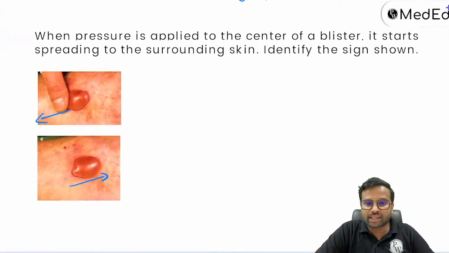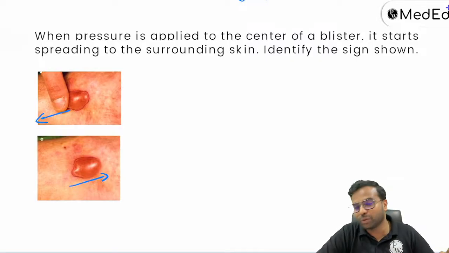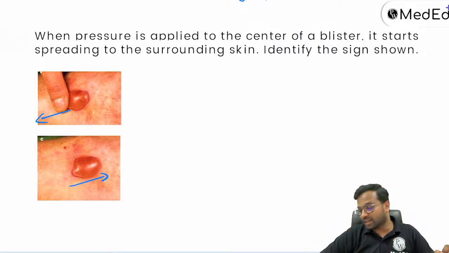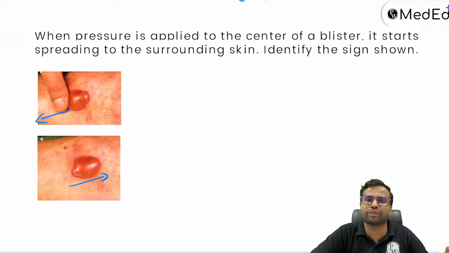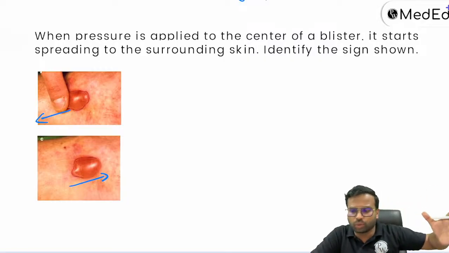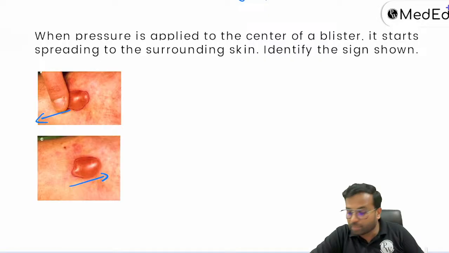Now, what is this? Make a guess, what is the sign that we are talking about? I would prefer to get an answer either as audio or as a message here in the chat box. Just try to answer, no problem even if you go wrong. Just identify the sign. There's a bulla, and when you are applying pressure, the bulla is moving. So this can be called, should I give you time or should I answer?